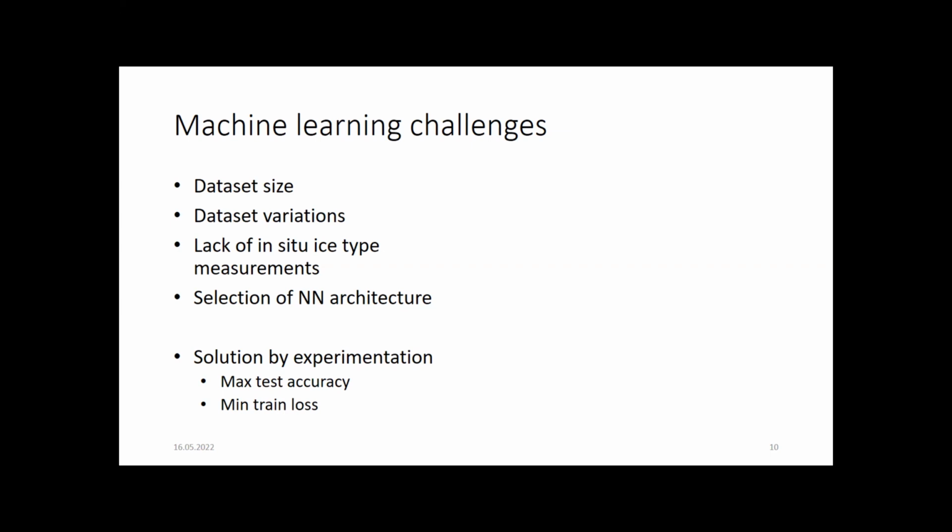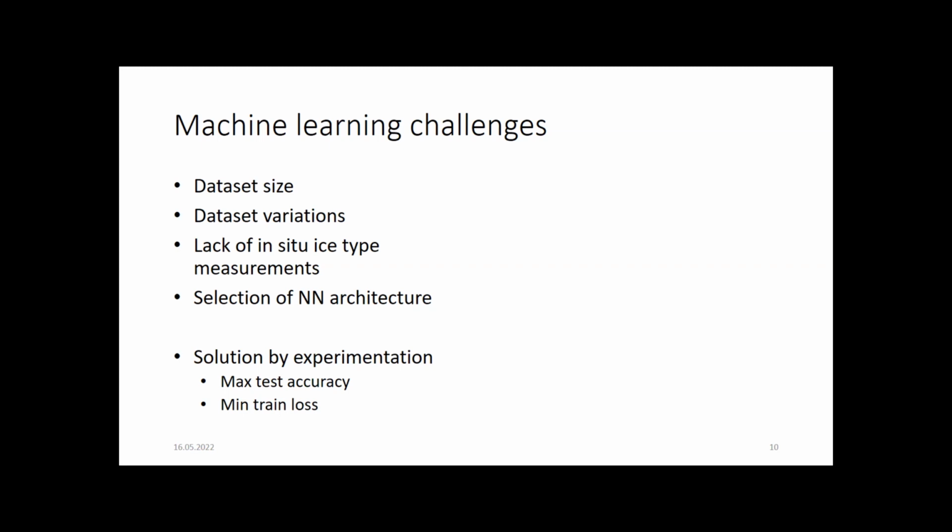Then maybe the biggest concern was that we didn't have any in situ measurements of ice types, so a lack of any validation data. Even though I will trust the experts, and everybody should trust the experts in Keskkonnaagentuur in terms of what information they provide, nobody has been on the ice and measured the type of ice and said that this one is strong ice and this is fast ice.